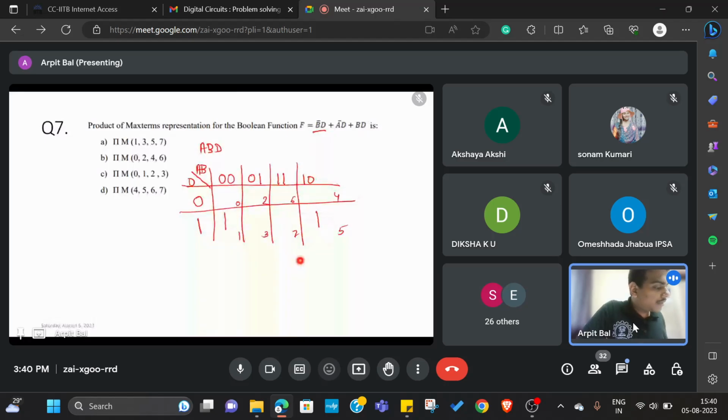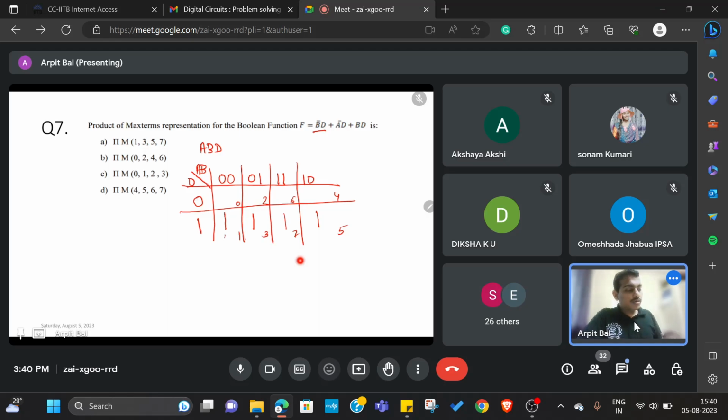So a bar b bar d was already covered here. We just need to mention a bar b d, which is this particular location. Then similarly bd. If bd is written, it means abd and a bar bd both are present. So a bar bd was covered in the previous term, we just need to ensure that abd is present.